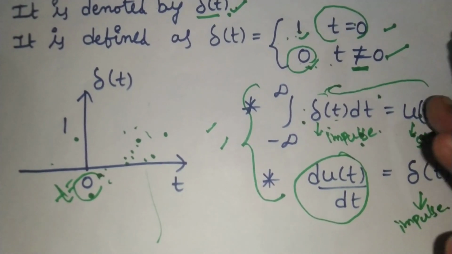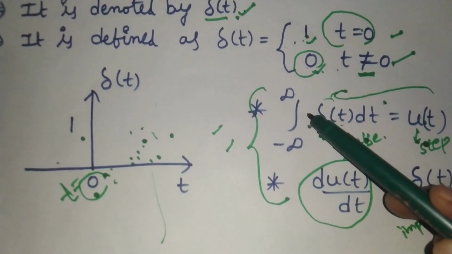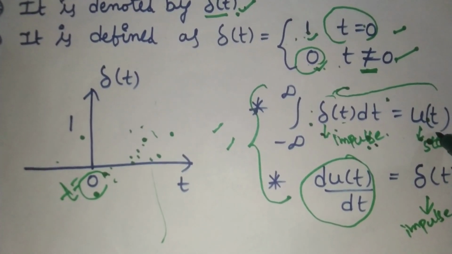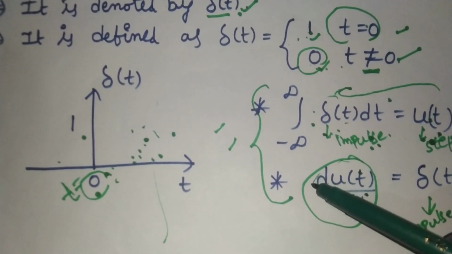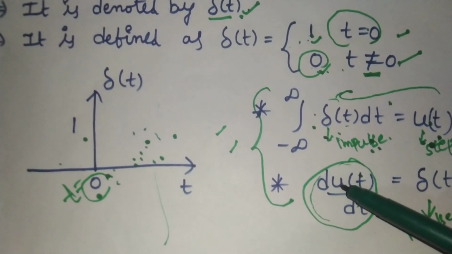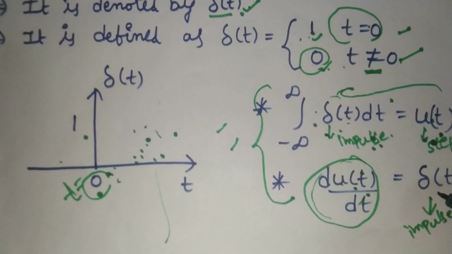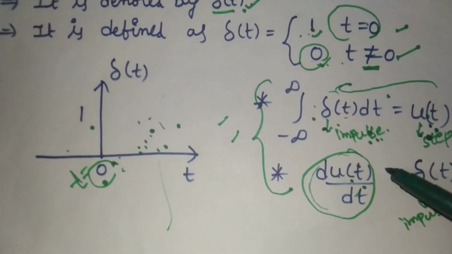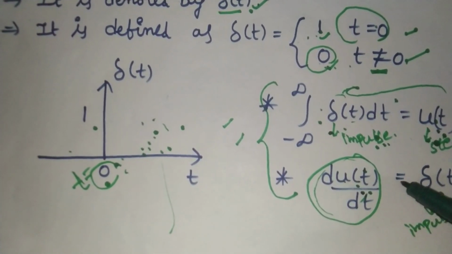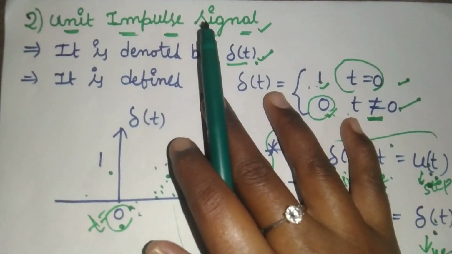These are also very important formulas. Integration of impulse is equal to step signal, and derivative of step signal is equal to impulse signal. This is about unit impulse signal.